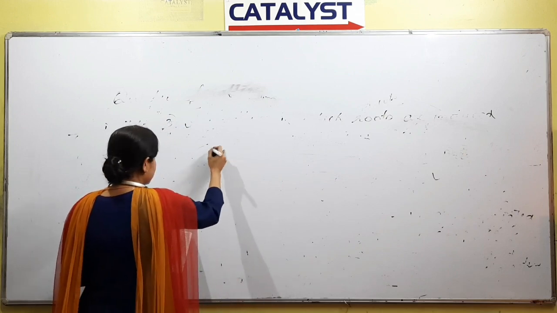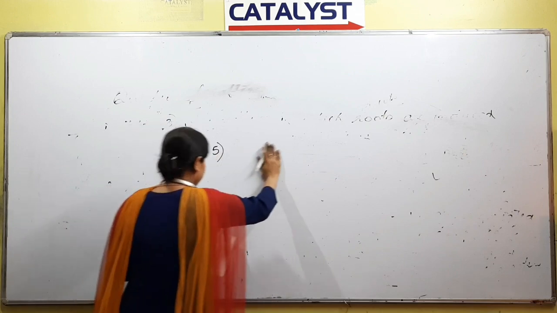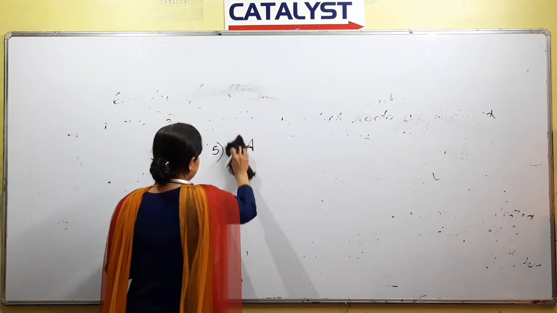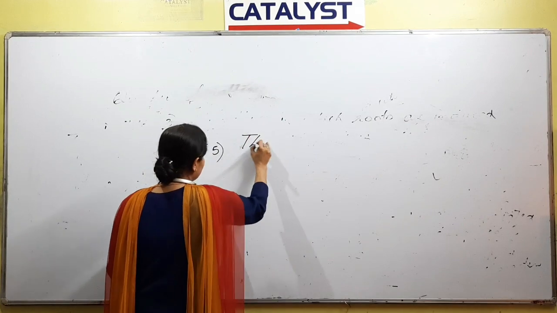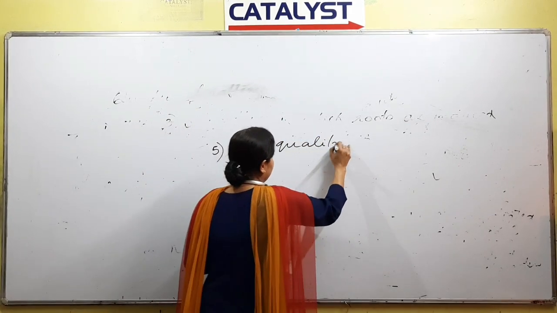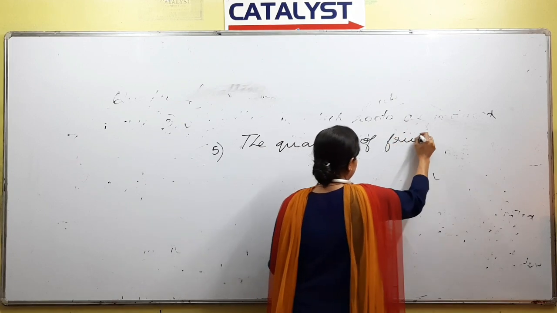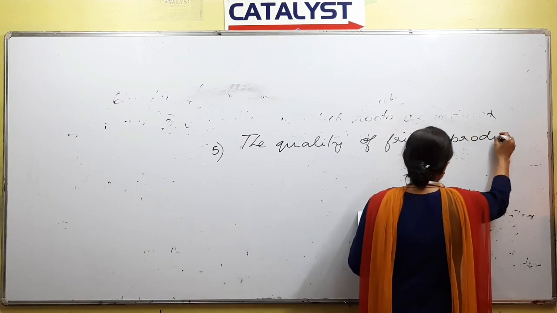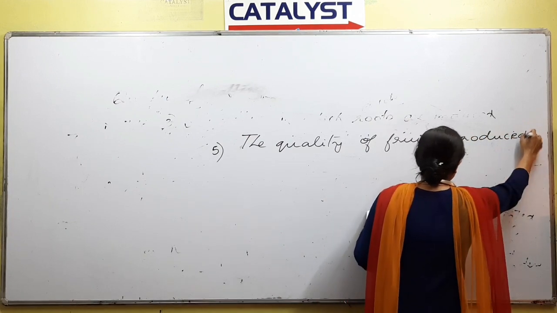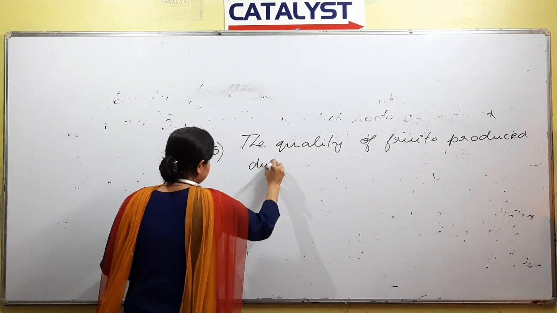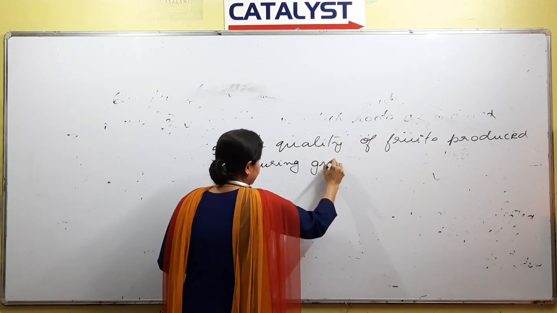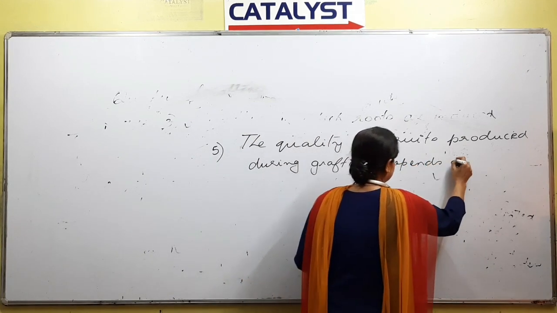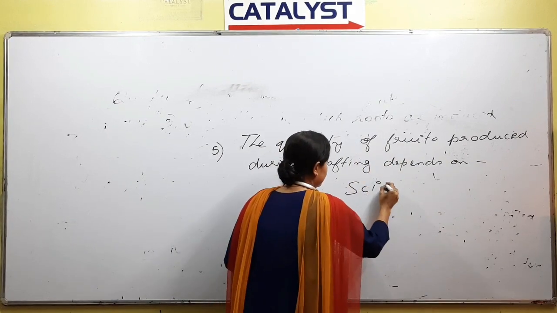What is the question number, 5 or 6? Okay, here the question is: the quality of fruits produced during grafting depends on the scion.